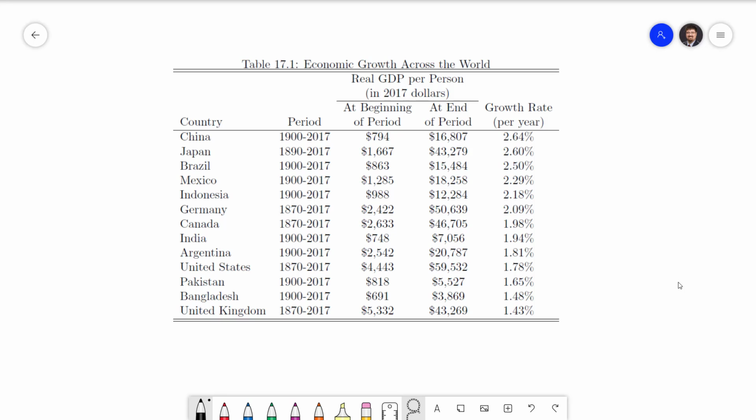Other countries like Pakistan and Bangladesh started out as some of the poorer countries and had growth rates not much higher than the UK and have remained among the poorest countries on the list. We'll keep some of these figures in mind as we move forward and talk about some of the reasons why some countries grew faster than others.